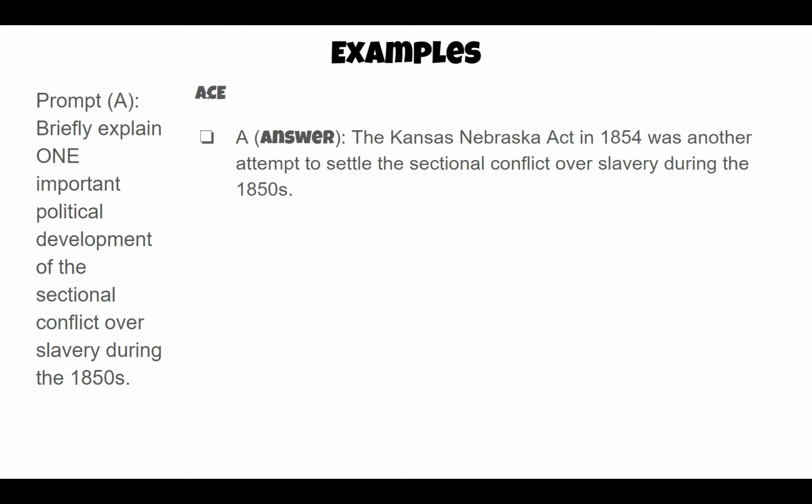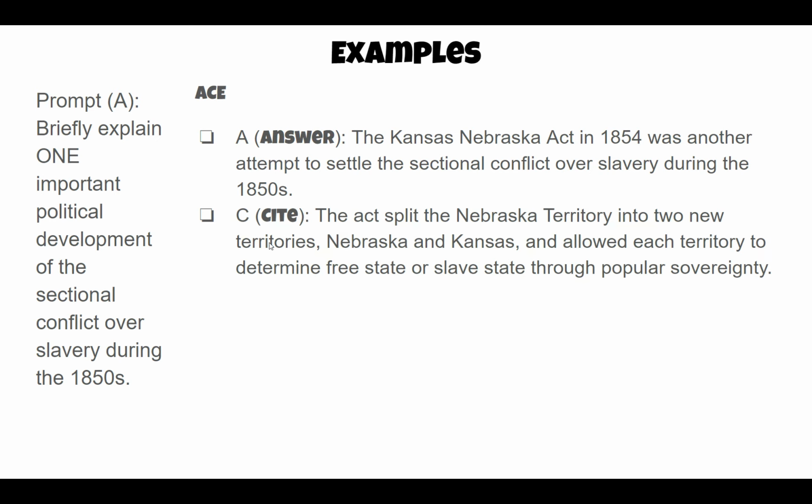Okay. Now, the second part, C, cite. So this is me citing specific evidence now. The act split the Nebraska Territory into two new territories, Nebraska and Kansas, and allowed each territory to determine free state or slave state through popular sovereignty.